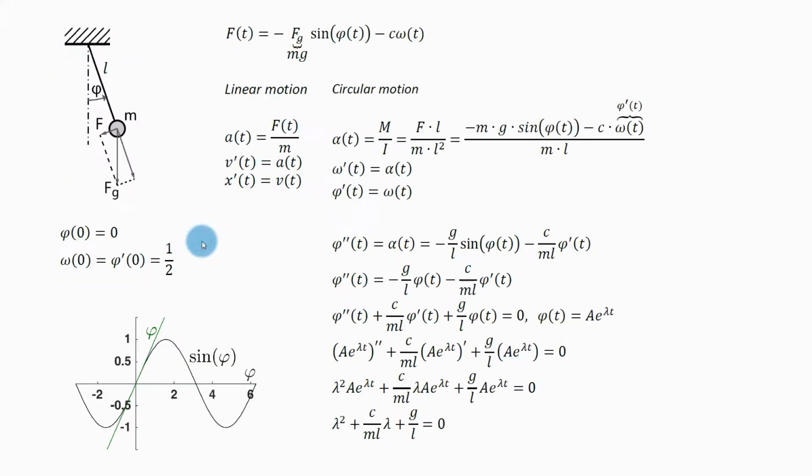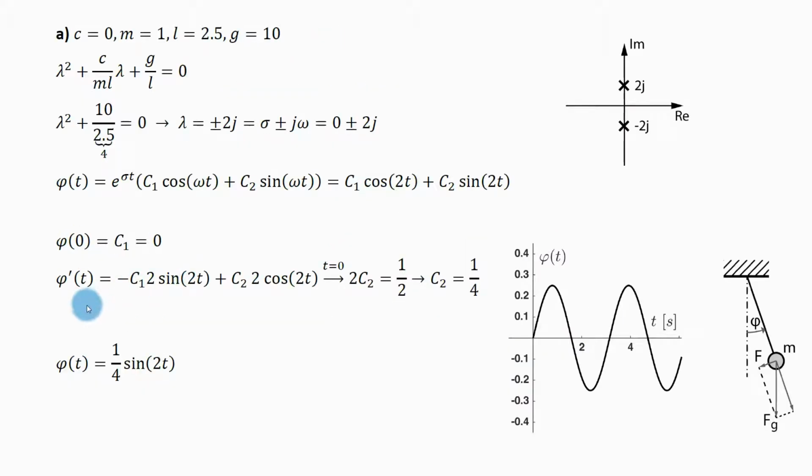Now the second initial condition says that the derivative at time 0 should be 1/2. So at first I need to express the derivative of the general solution. So I need to take the derivative of this, which will give me this. Now I will substitute time 0, and also I will use the fact that C1 is equal to 0, and that will give me this.